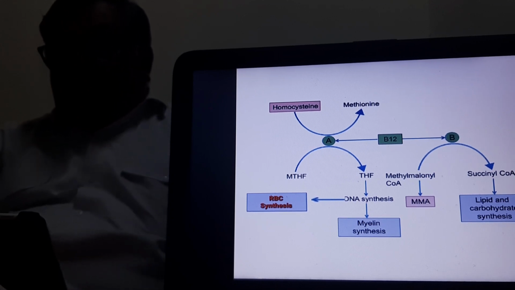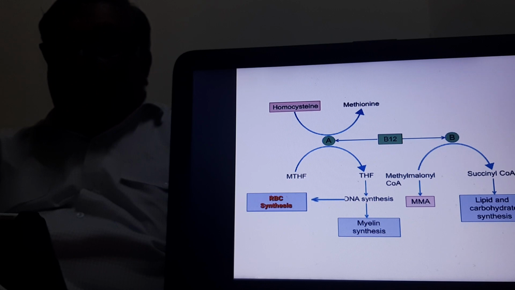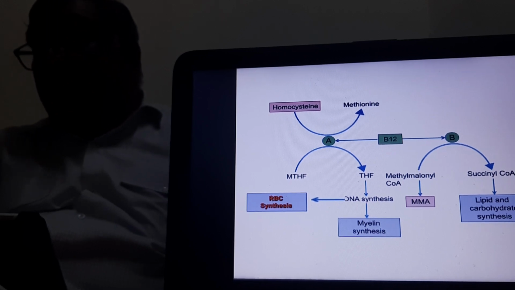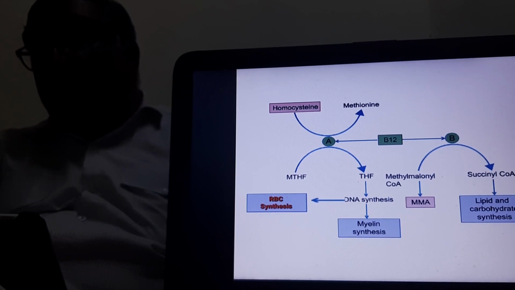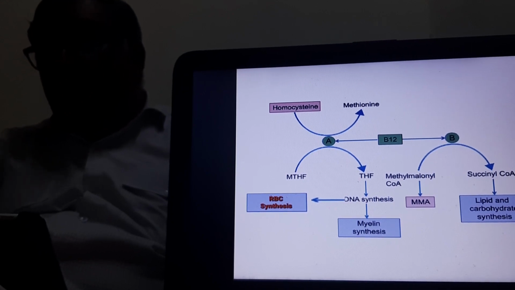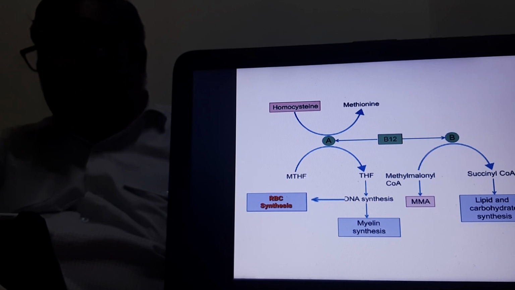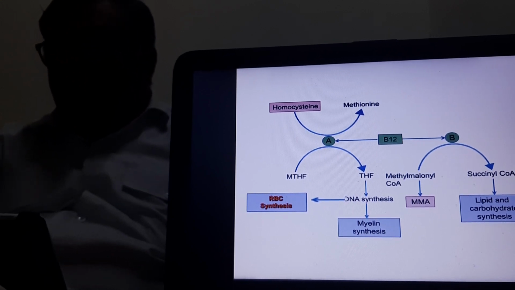So once more we look at this diagram in detail: vitamin B12 is very important for synthesis of DNA, which is required further for synthesis of RBCs, and it specifically attacks those cells which multiply very rapidly because they require producing more and more DNA each day.